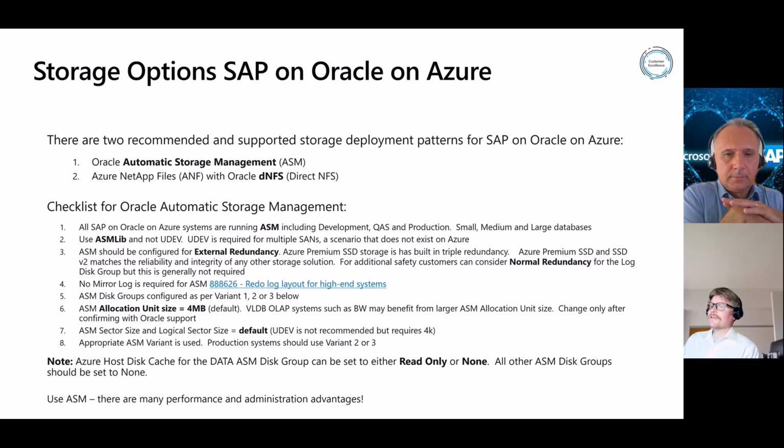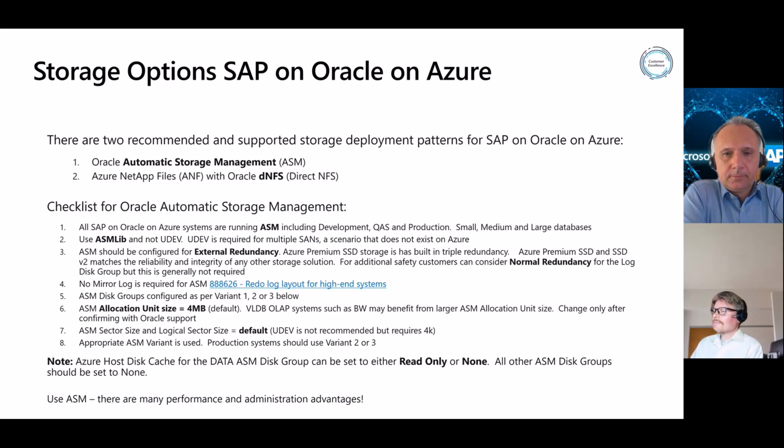A question that comes up quite a bit is, Azure disks have host cache. So what cache option should I set for ASM disk groups? Based on experience, the data disk group can be read-only or none.